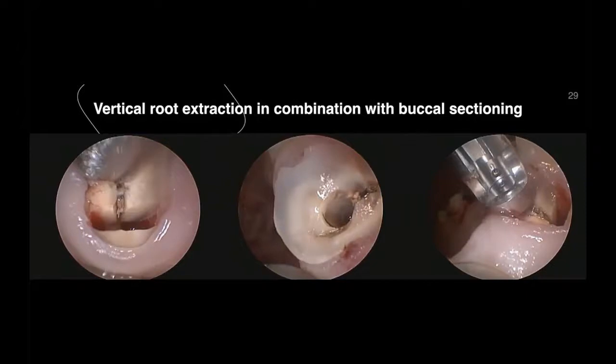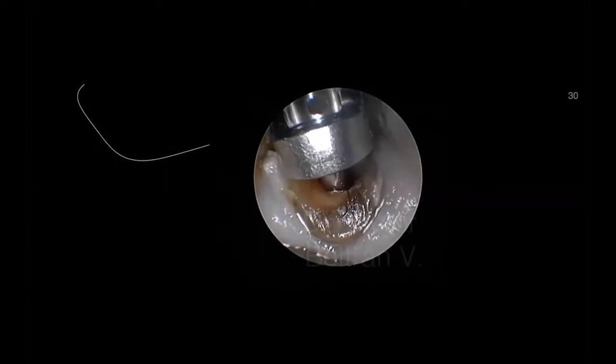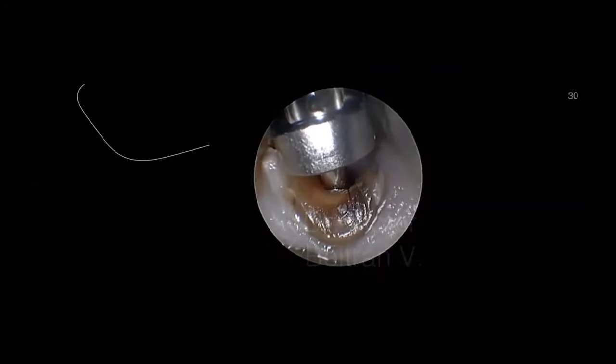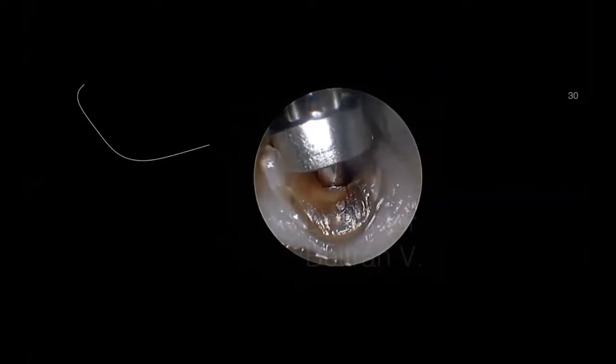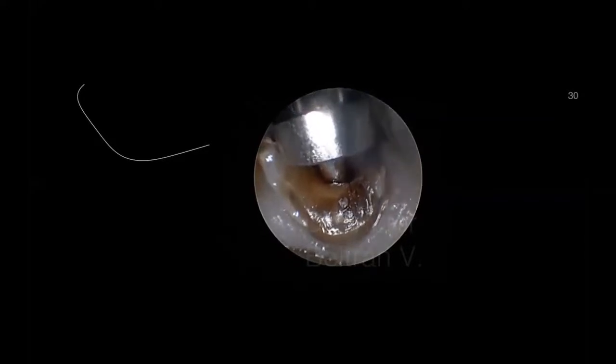In this case, we carry out a combination of the vertical root extraction prior to a section with piezosurgery in the most buccal area of the root, similar to the socket shield technique. In this endoscopic video, you can appreciate the progressive extrusion of the first premolar root and how the fibers rupture progressively.